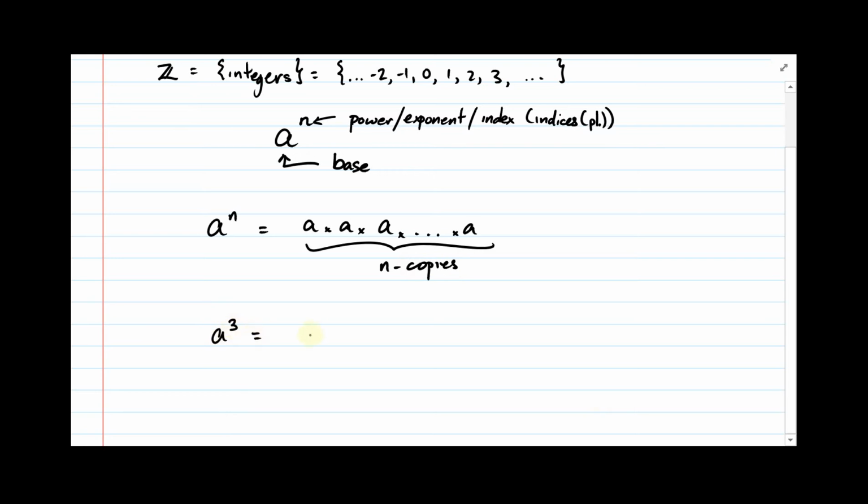So if I had a cubed, or a to the third power, we'd have 3 copies of a. Oftentimes I will not put the cross, I'll just write a times a. The central dot will be the preferred mode because I don't want to mix it up with x's as we go through. All right, so we understand the notation.